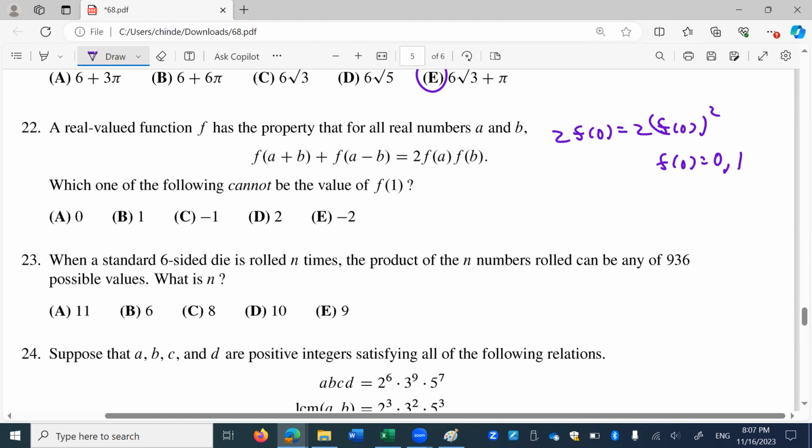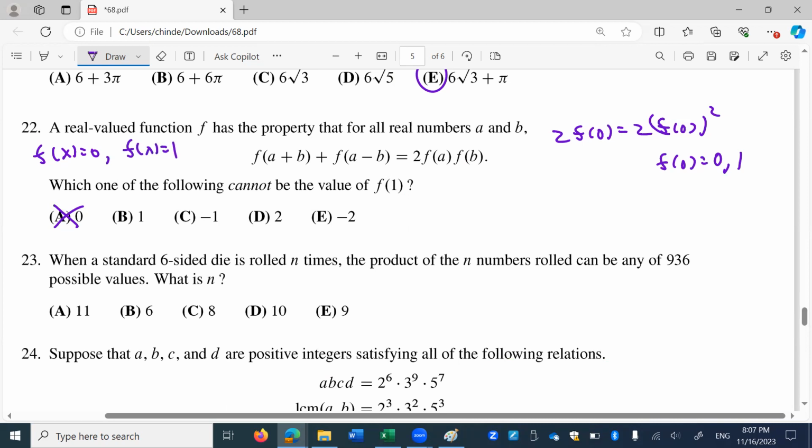And when I look at it a little bit closer, if f of 0 is 0, I can think of a special case. What if f is always 0? Then the equation will always be true. It's kind of trivial, but that means that f of 1 might equal 0. So we can eliminate one answer there. And actually, when I think about it even more, what if f of x equals 1 for all values?